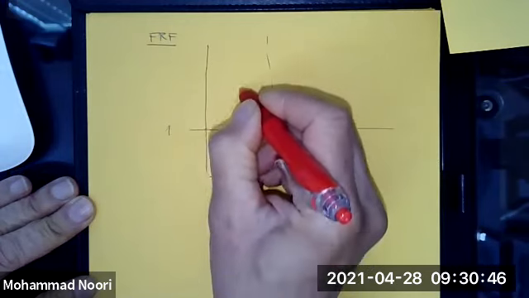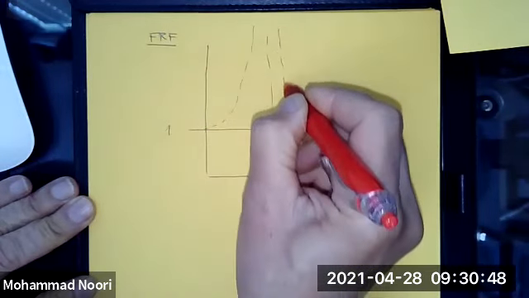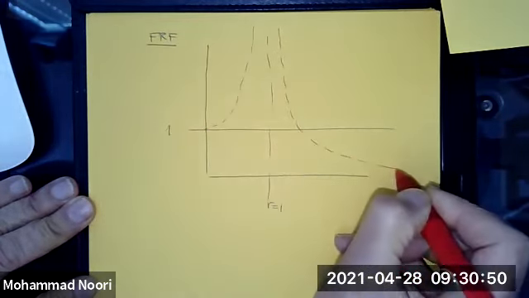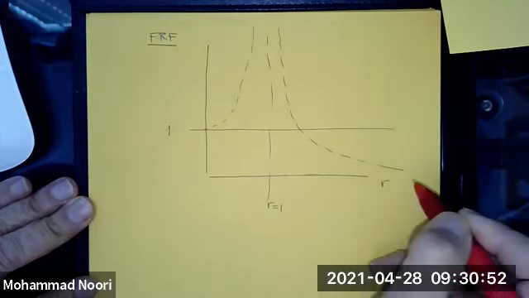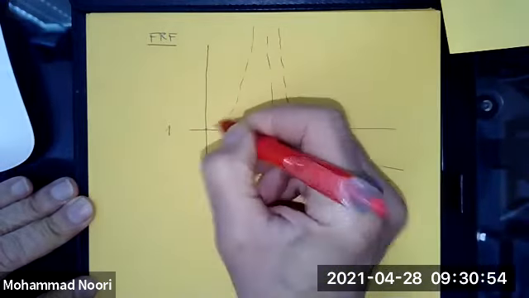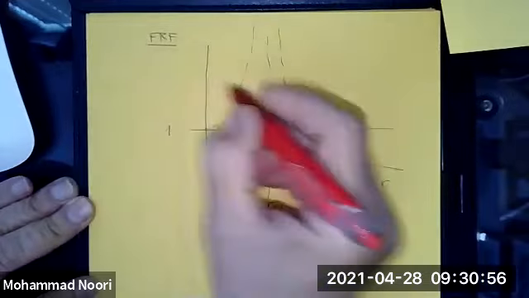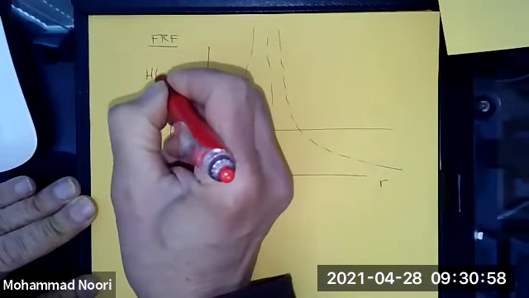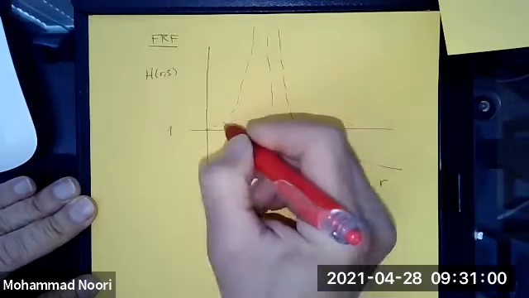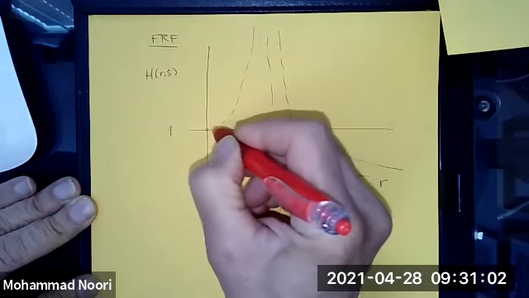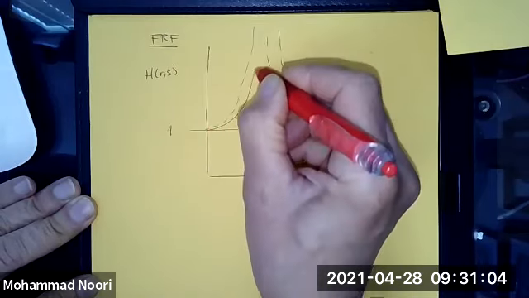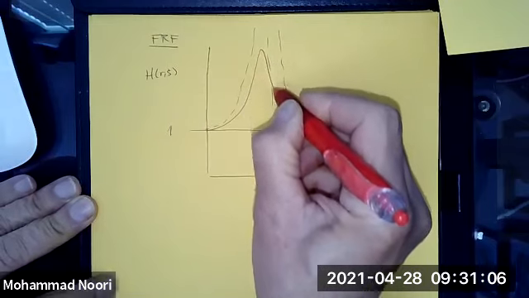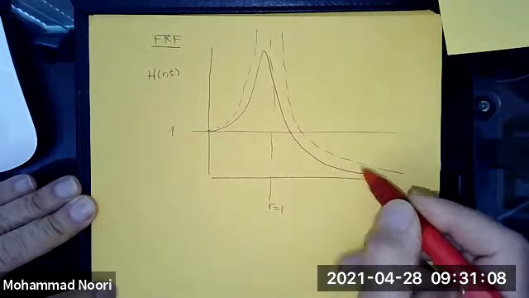In the background, I will put the case of the undamped system here. If you plot H of R and zeta, you see that for some value of, let's say, zeta, you have something like this.